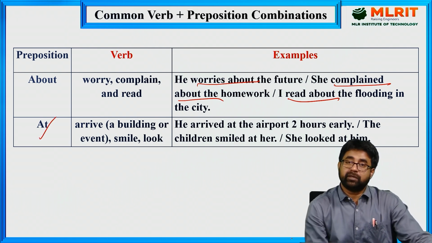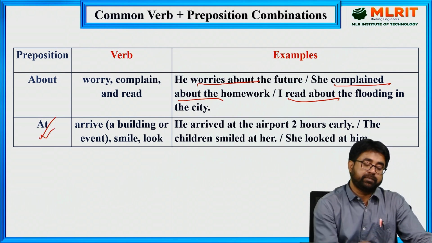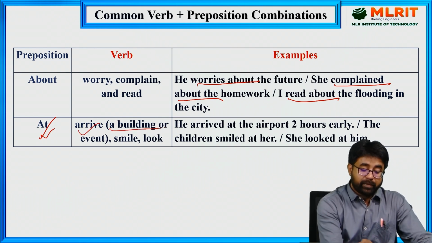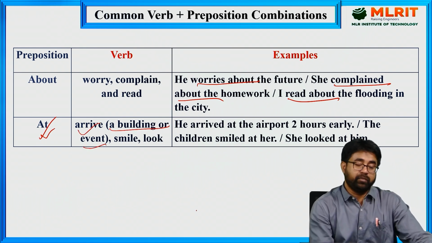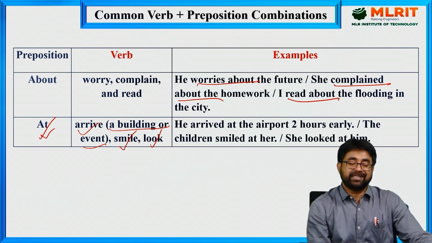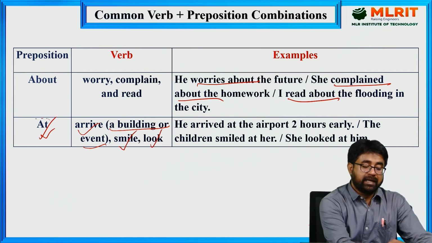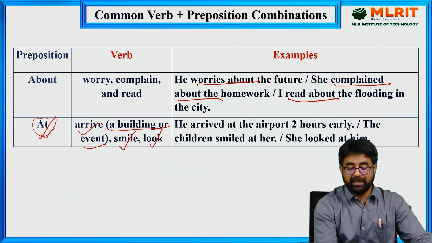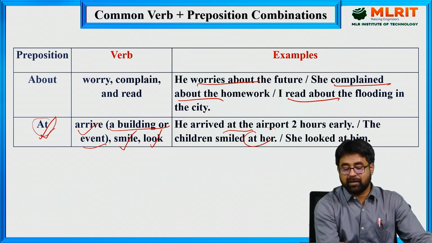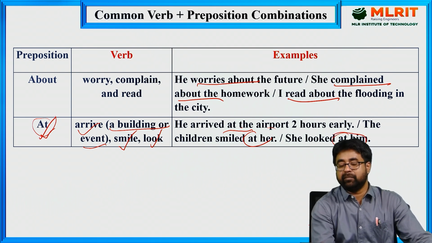The verbs that normally take this preposition are arrive, smile and look. But remember, when we arrive in a building or event, we use at. He arrived at the airport. The children smiled at her. She looked at him.